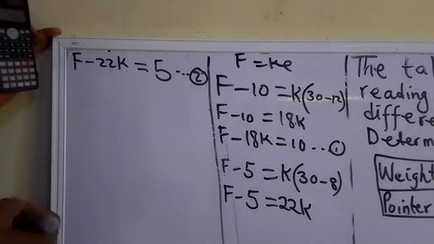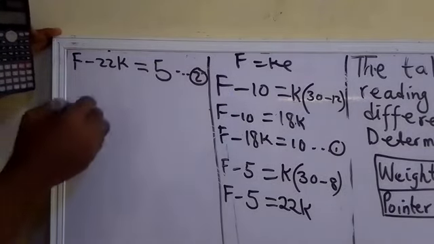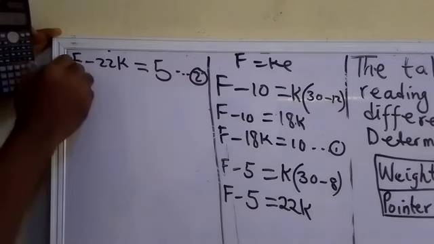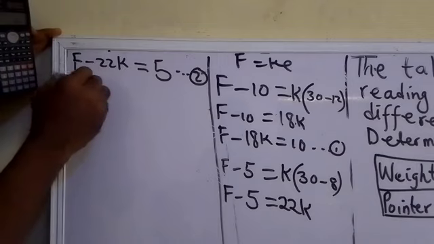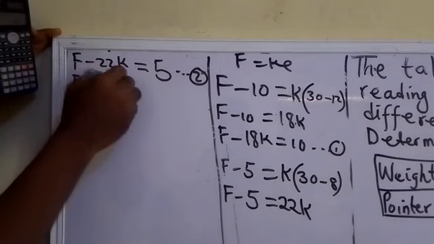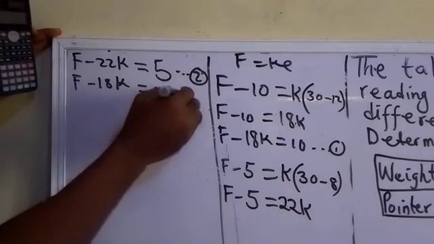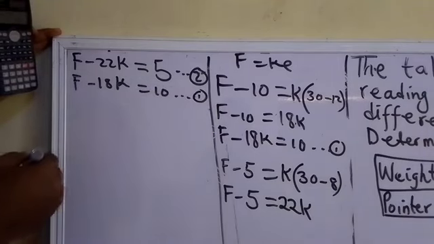Now, solving equation 1 and 2 simultaneously, this is equation 2 here, so I'll bring equation 1 under it. F minus 18K equal to 10. Remember, this is equation 1.